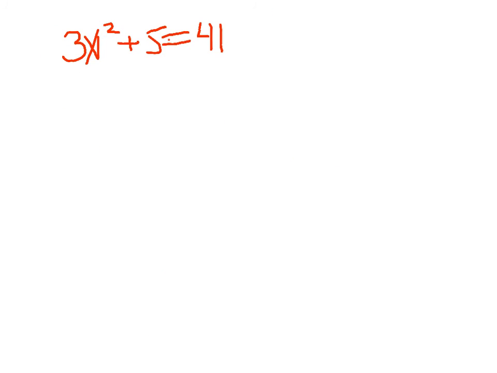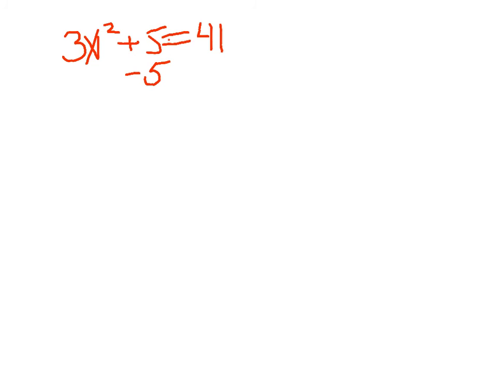Okay, now let's get into the real lesson. If I have a quadratic that doesn't have a plain x term in it, there is a way that I can solve these by taking the square root of both sides. The way I need to proceed on this is to isolate x squared on one side of the equation.